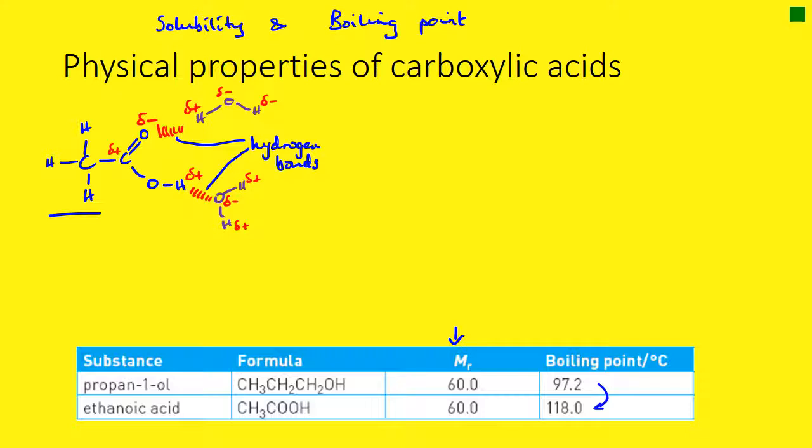So what can explain that difference here? That difference is caused by the fact that ethanoic acid molecules are going to make dimers, and the dimers are going to be twice as long, and therefore the van der Waals forces between molecules that are twice as long are going to be greater than the propanol molecules, which are half as long.